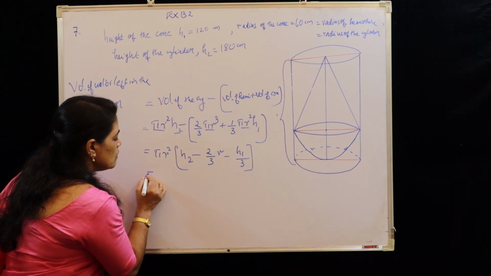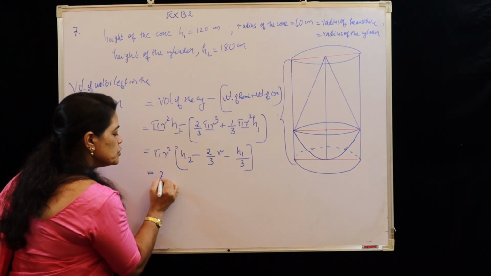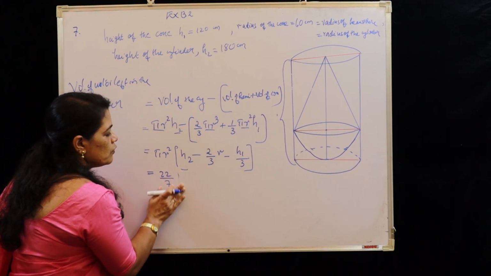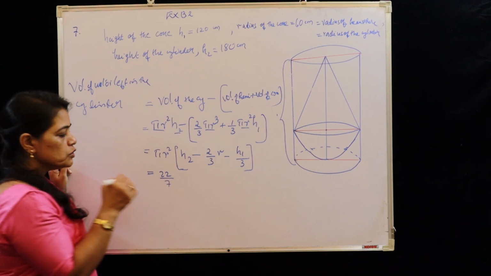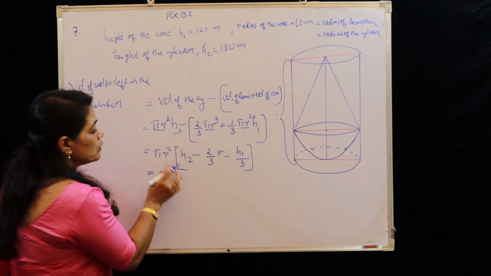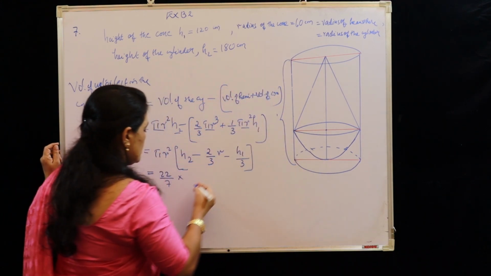So this is equal to, we can give the value of pi as 22 by 7 because it is not given. And r square, and r is 60 centimeter.